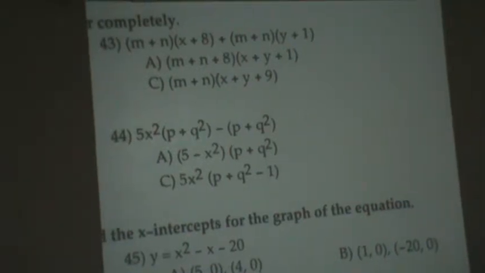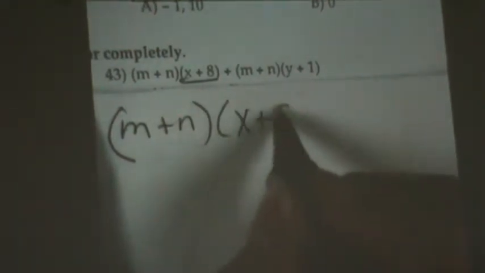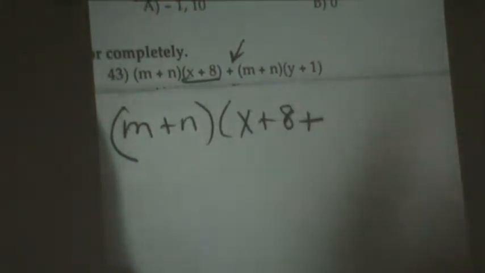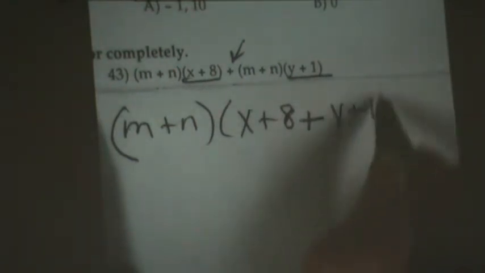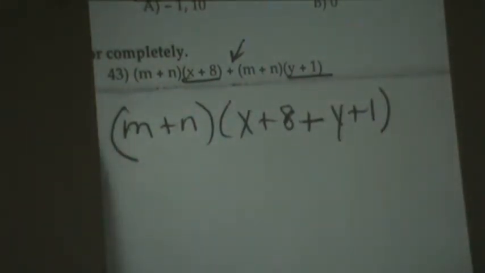Okay, 43, factor completely. There you go. Do they have anything in common? n plus n, m plus n. To get the first term, x plus 8. And then put plus. To get the second term, y plus 1. So really, to simplify that, you can add the numbers here.